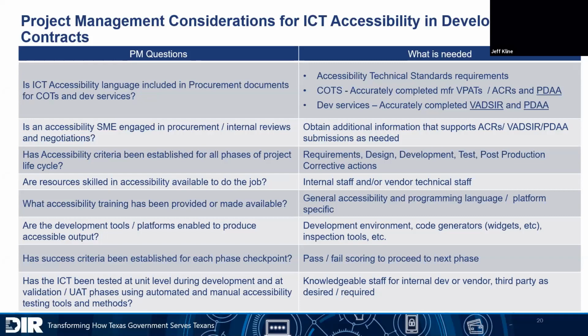Just make sure that you've got all that stuff in place. And this really applies whether you're outsourcing a development program or whether you're doing it internally. And then, has the ICT been tested at unit levels during development and throughout UAT using automated and manual test tools and methods.